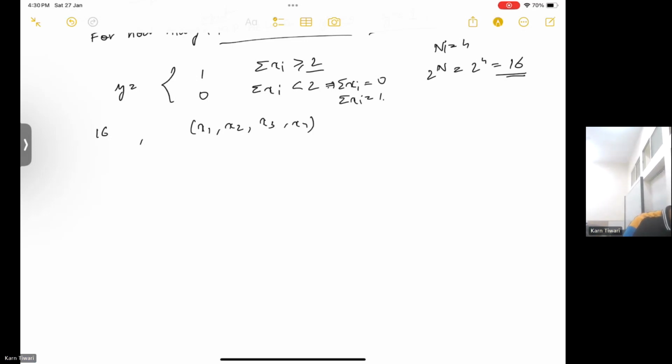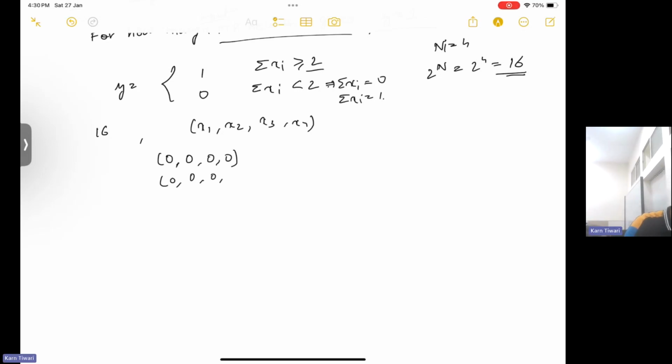So basically the combinations are either all zeros, or one of them is 1. These are the 5 combinations.